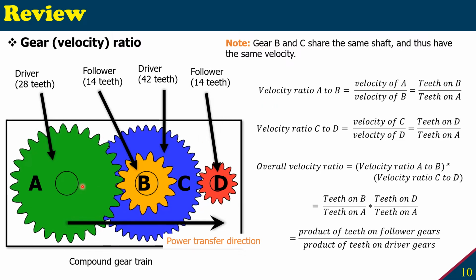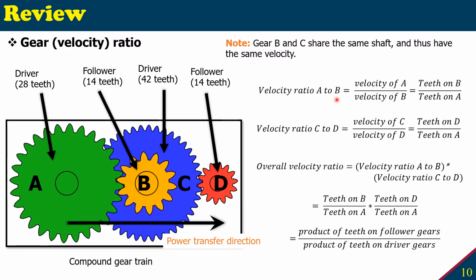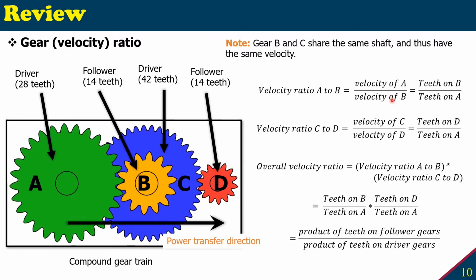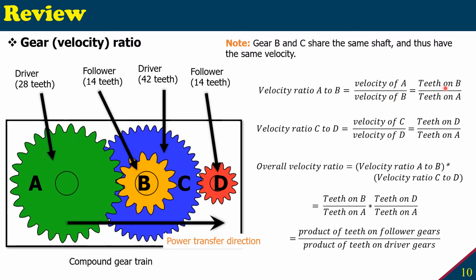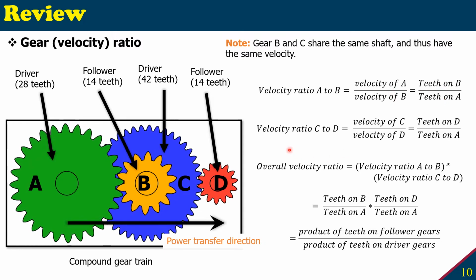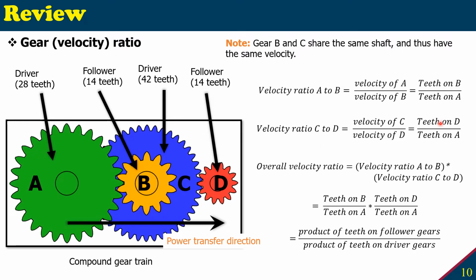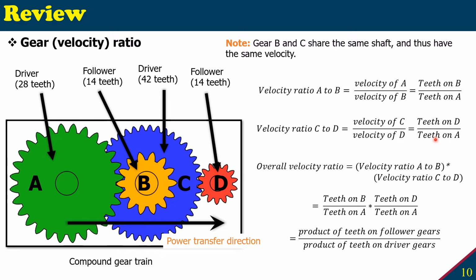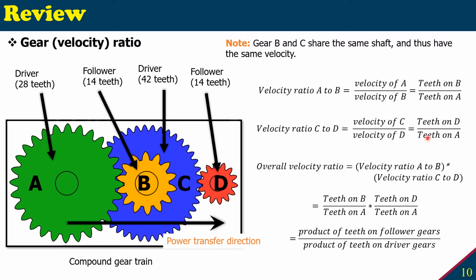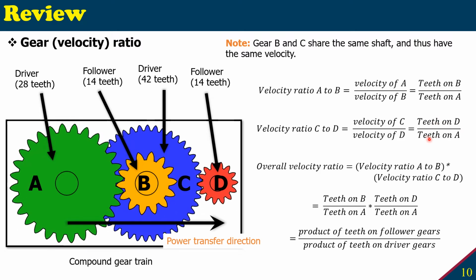For example, from A to B, the velocity ratio will be the teeth on B, follower, over driver. Same for velocity ratio C to D, it will be the ratio of teeth on D, follower, over the teeth on the driver.